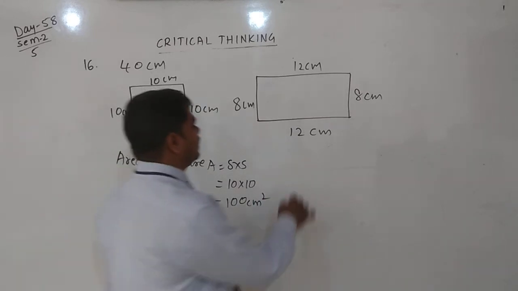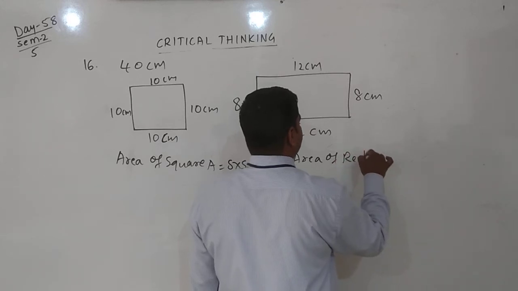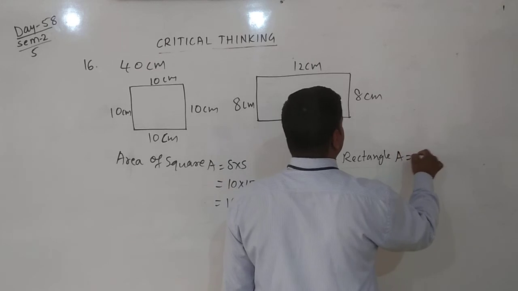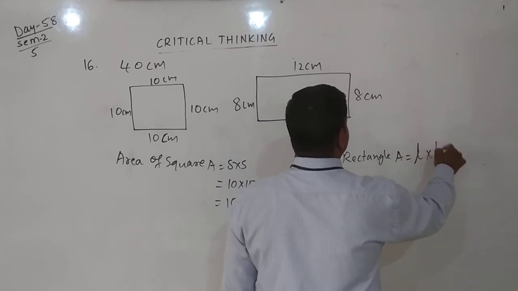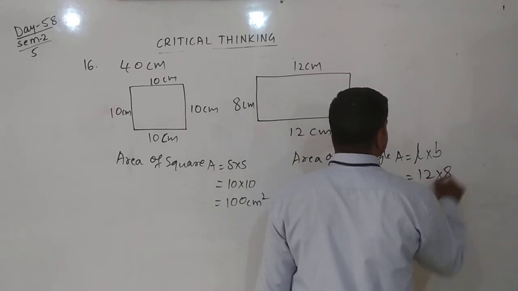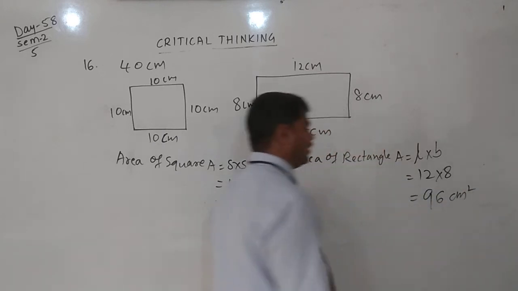Then the area of rectangle, A is equal to L into B, length into breadth. L is 12 centimeter, breadth is 8 centimeter, 12 into 8 is 96 centimeter square.